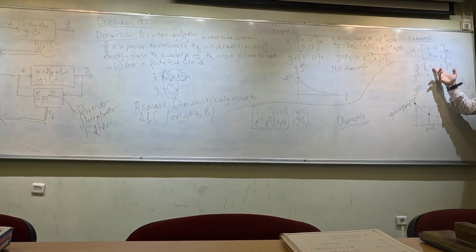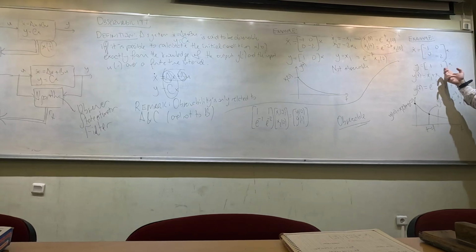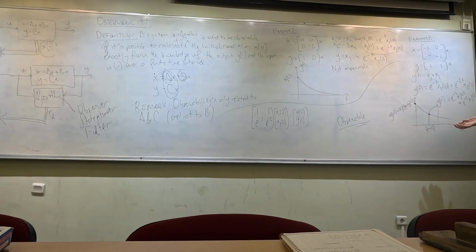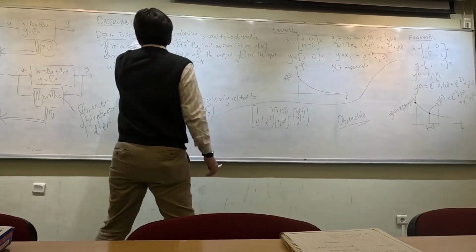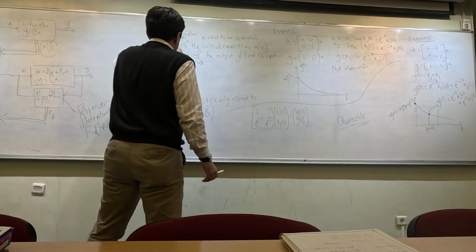And because of this additional one here, this system became observable. But in general, a system sometimes can be unobservable even if all of the elements of C are actually non-zero. Sometimes that can actually happen. And now in the last example, we are going to see that type of system.